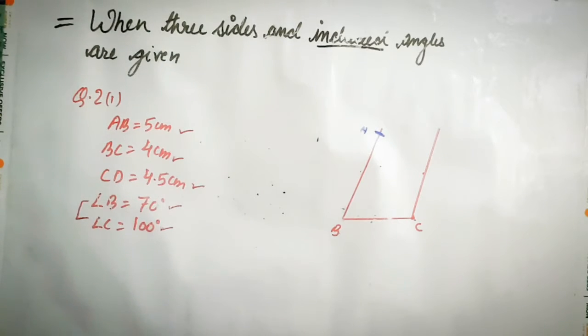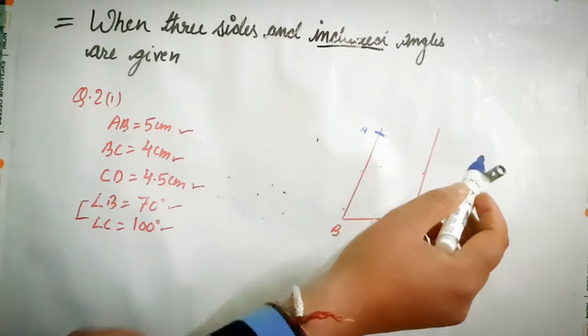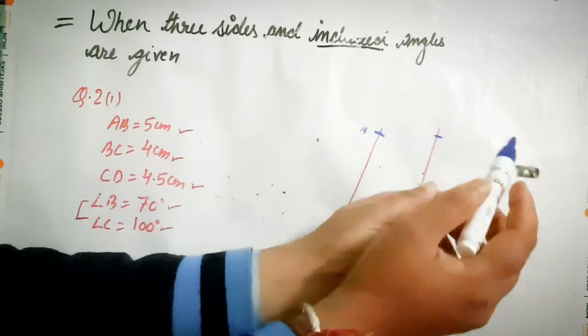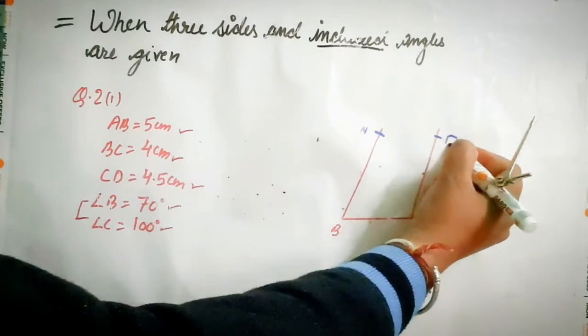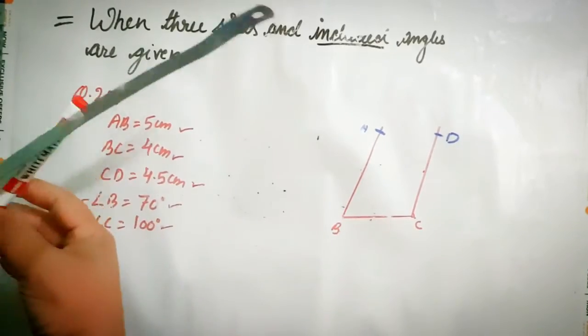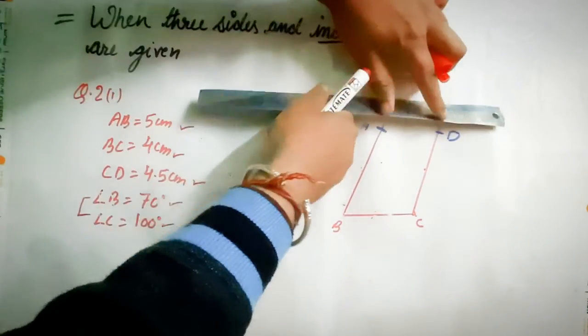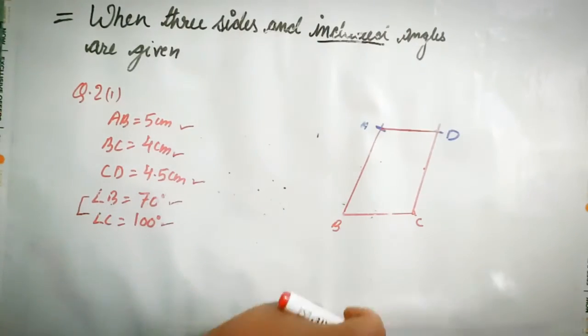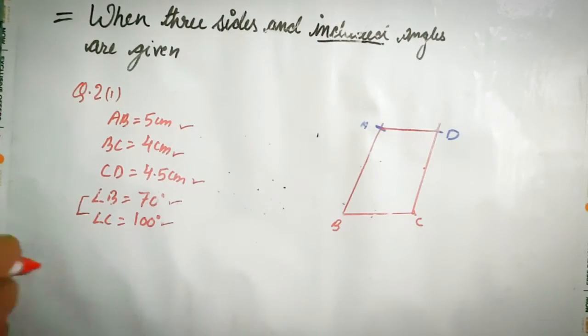So open your compass equal to 4.5, place on C and cut point D. Now join A and D, and ABCD will be your required quadrilateral.